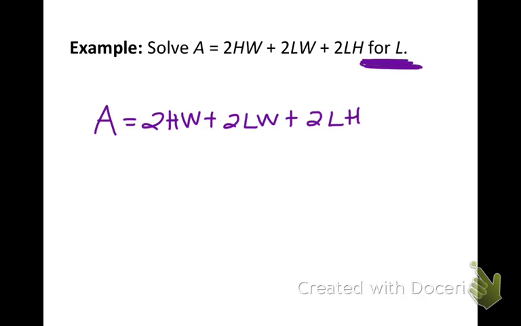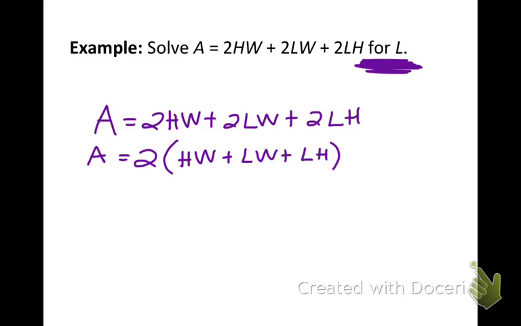And we're solving for L. Right now I've got 1, 2, 3 terms. They all do not have an L in there, but they all do have a 2, right? So I could factor out a 2 from everything, which would get me 2 parentheses HW plus LW plus LH equals A.